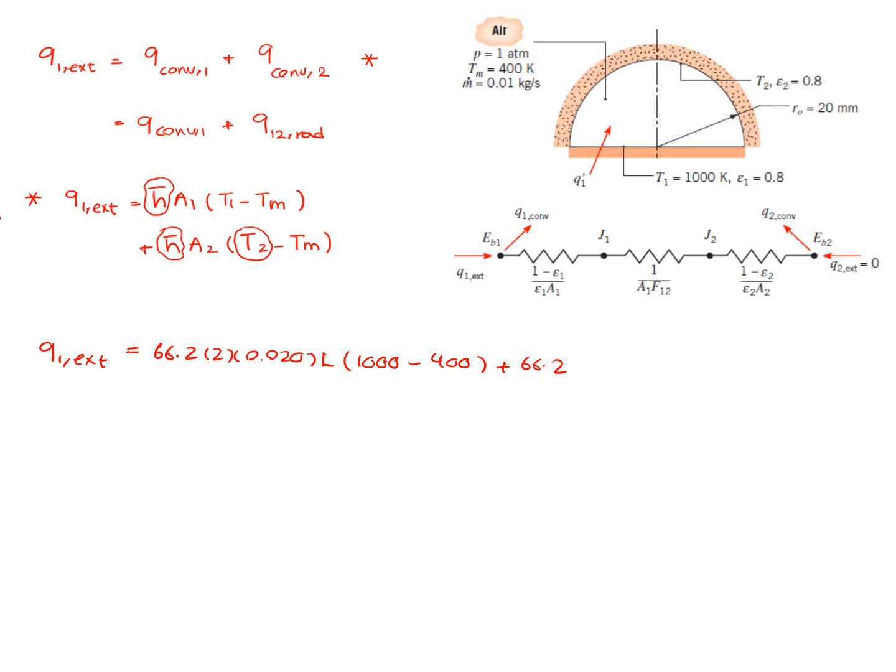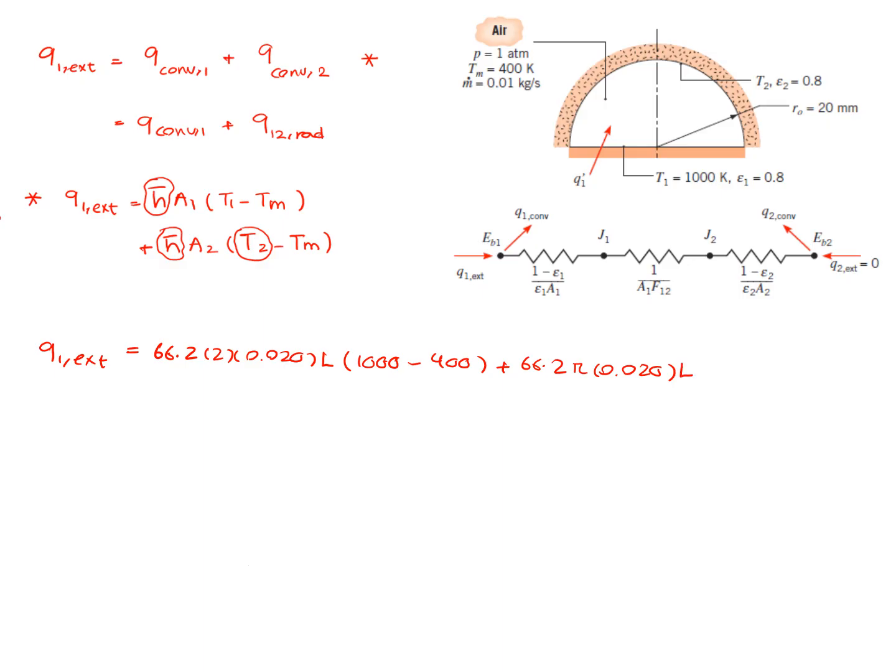A2 was pi R L, pi times 0.020. If you remember, 2 pi r is the perimeter of a circle, pi r is the perimeter of a half circle, and the perimeter of a half circle multiplied by the length of the tube is your area.